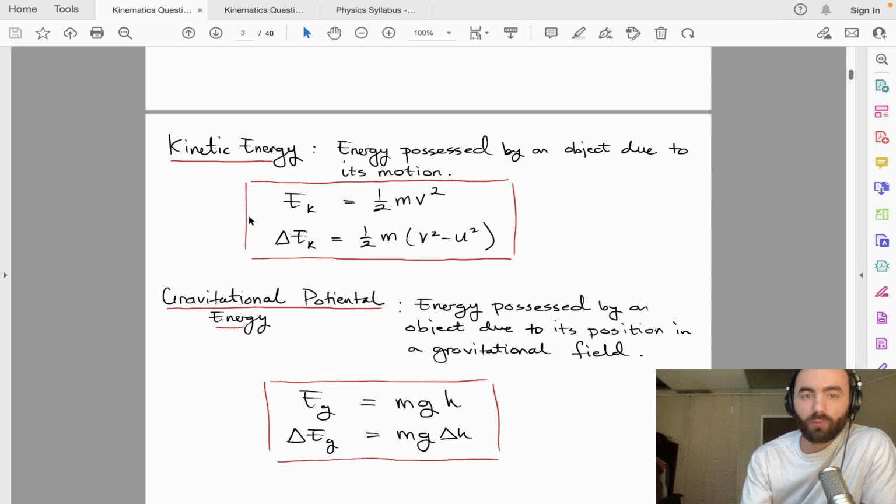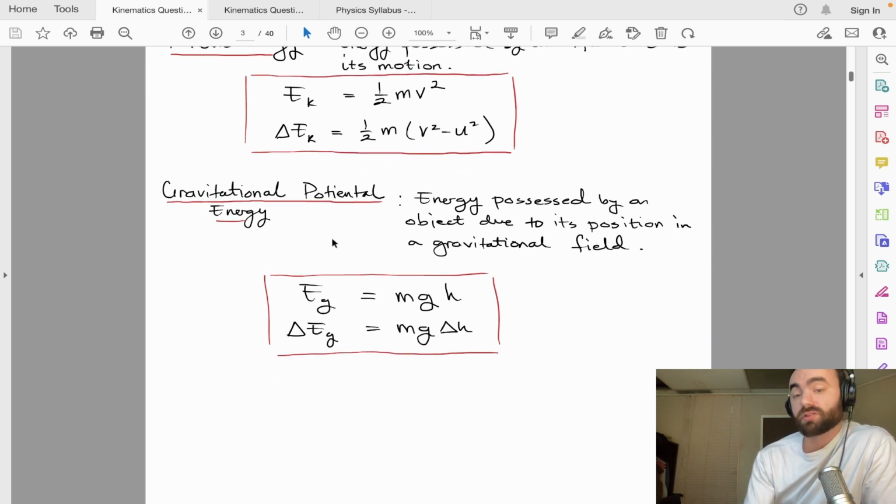And finally, we will go into more detail on energy, but they love to mix in energy here, making kinetic energy and gravitational potential energy calculations occasionally. So I just chucked it in here. Kinetic energy is the energy possessed by an object in motion, and it is equal to half mv squared, where v is the velocity.